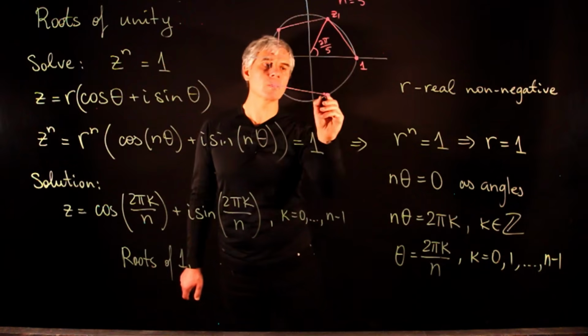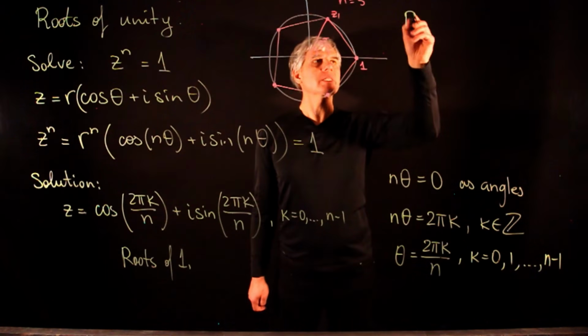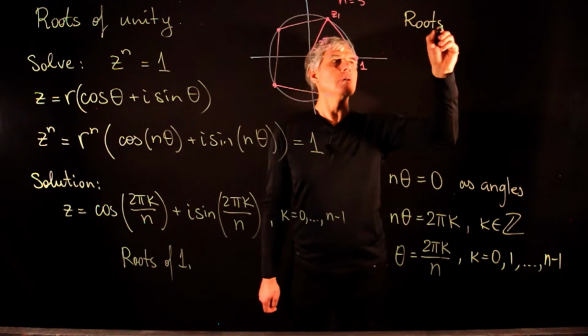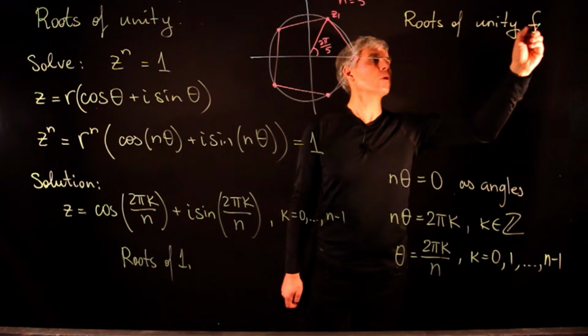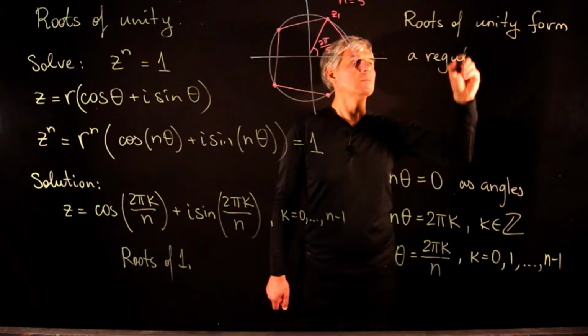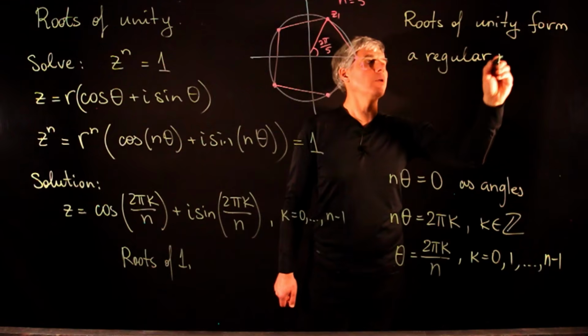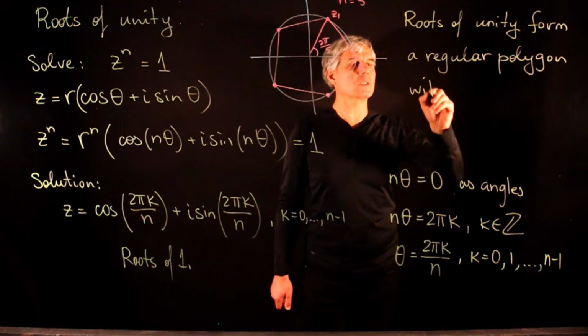So this is how roots of unity will look. In general, we say that roots of unity form a regular polygon with n vertices.